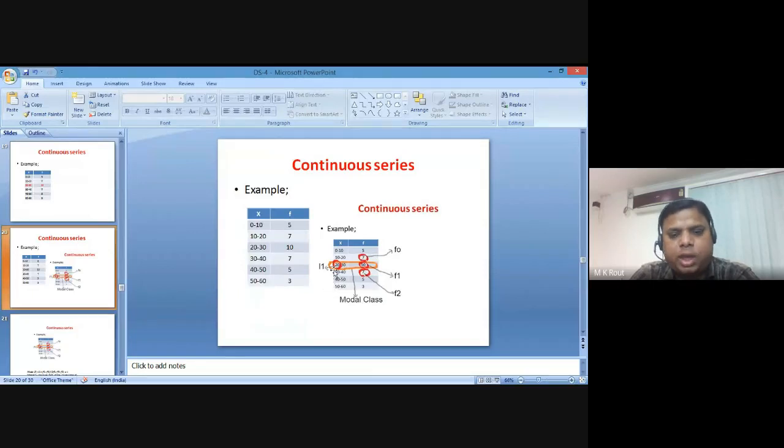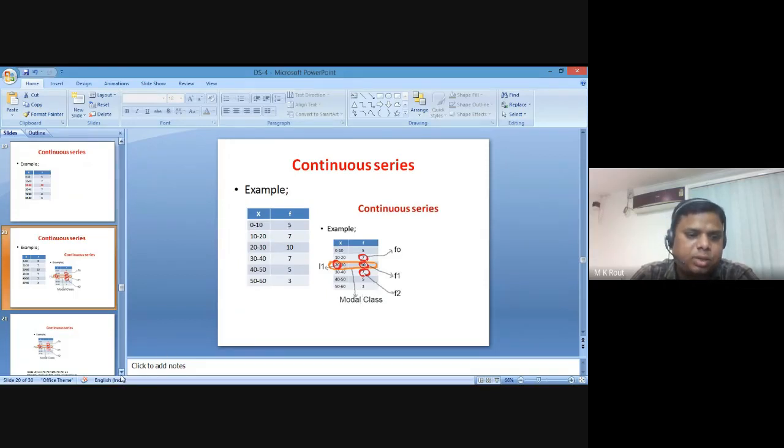That is why L1 equals 20. The 7 belongs to the preceding value of frequency, that is F0. Similarly, F2 stands for the succeeding frequency, that is 7. And F1 belongs to the present chosen interval. So you have got the values L1, F0, F1, F2 and the modal class along with the I.